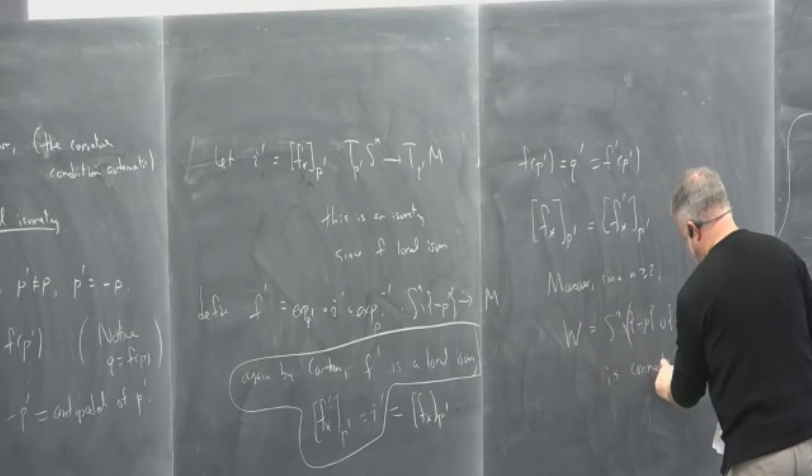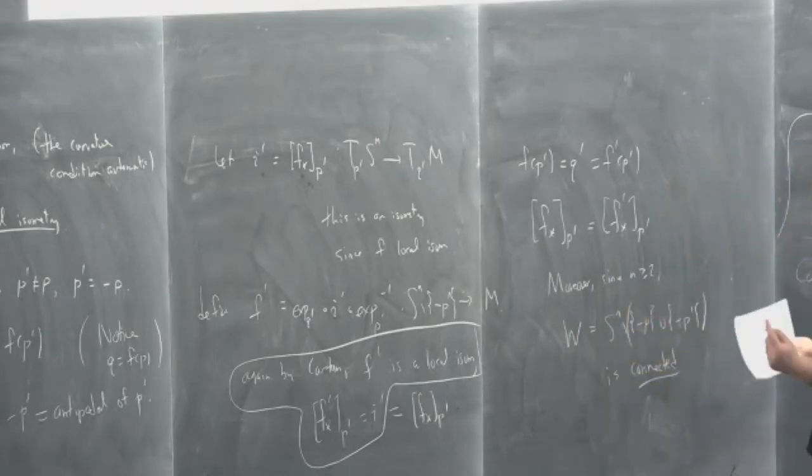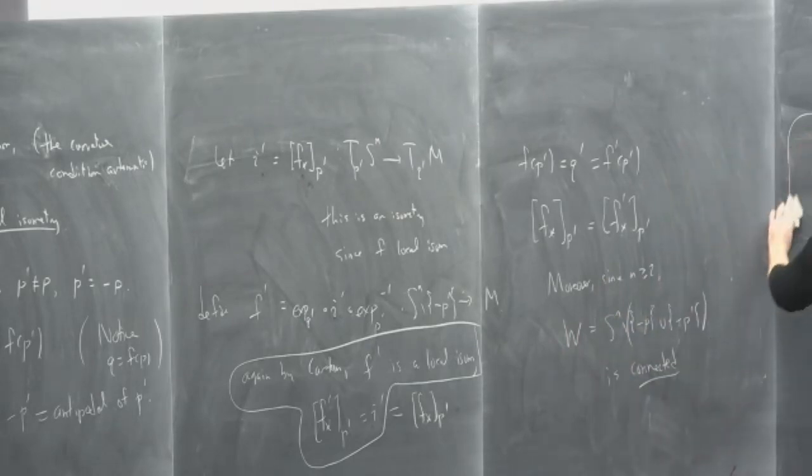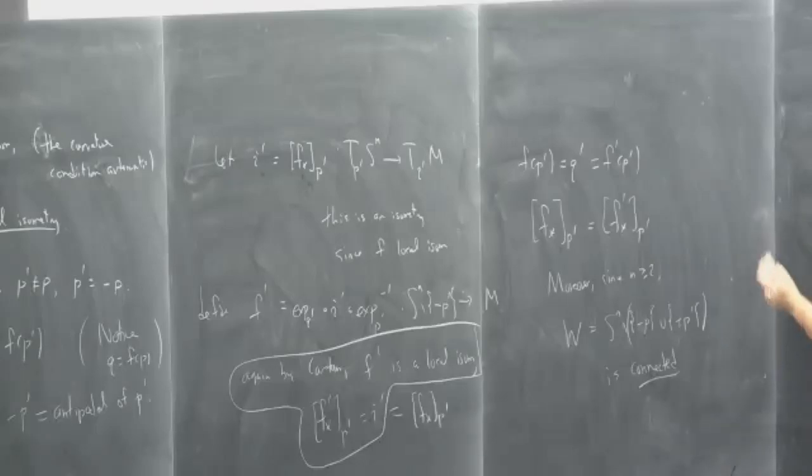If I take the n sphere, when n is at least 2, and I remove 2 distinct points, it's connected. This is an obvious fact from topology. This wouldn't be true if n was 1.